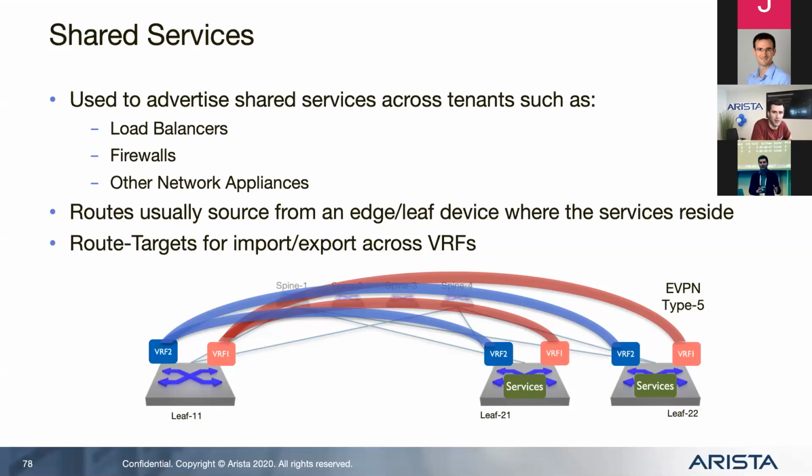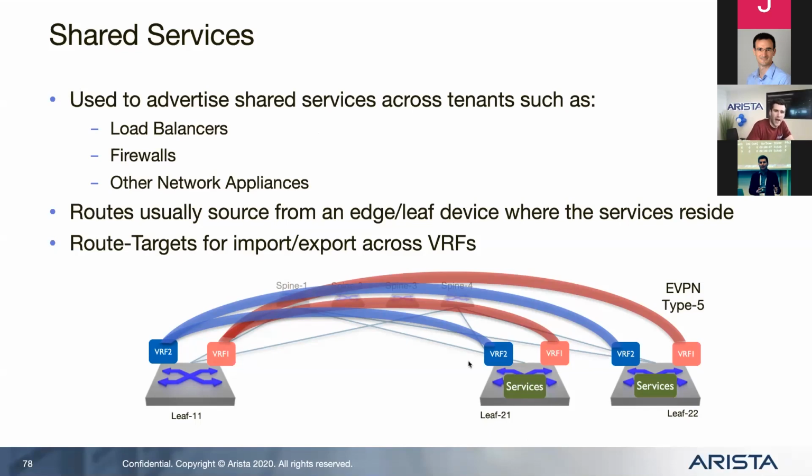There's no natural place where traffic is actually flowing through. So what we do here is add services on a services leaf and then advertise routes to these from the services leaf in the same way that we do for external connectivity, and then draw traffic towards them across the VXLAN or the leaf and spine infrastructure.